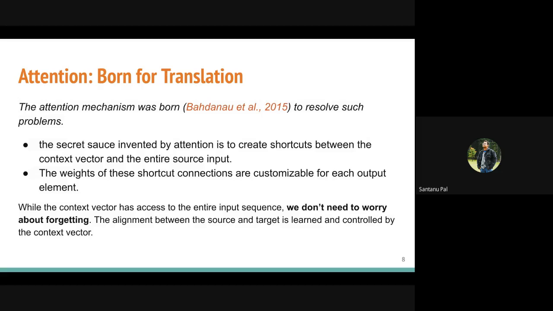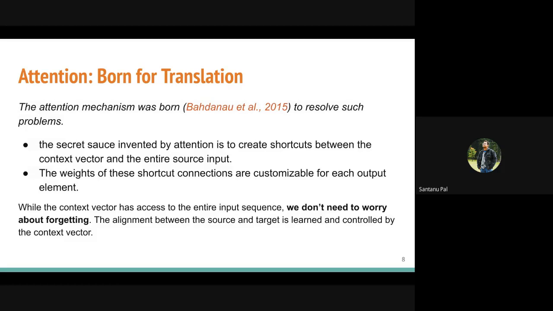The weights of these shortcut connections, the shortcut being the context vector connections, are customizable for each output element. While the context vector has access to the entire input sentence, we do not worry about forgetting. Because the context vector is connected, it has the information of all input words, the whole input sequence.